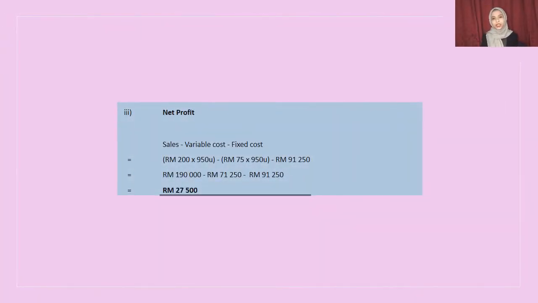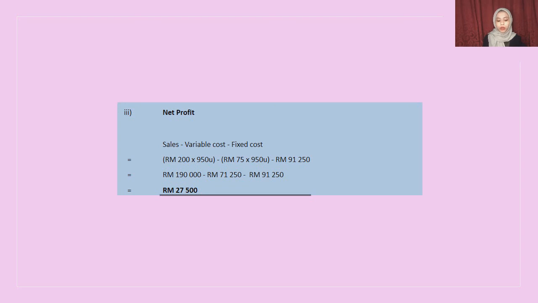The next question is the net profit earned by the company. The formula for net profit is sales minus the variable cost and minus again the fixed cost. Before we figure this out, we need to multiply the selling price by the sales units, and the variable cost also by the sales units.